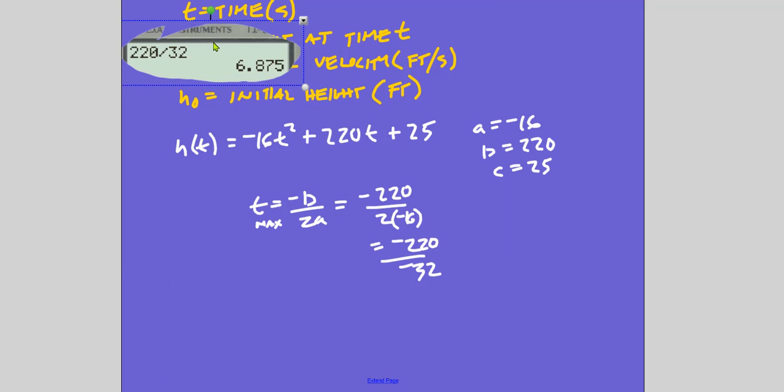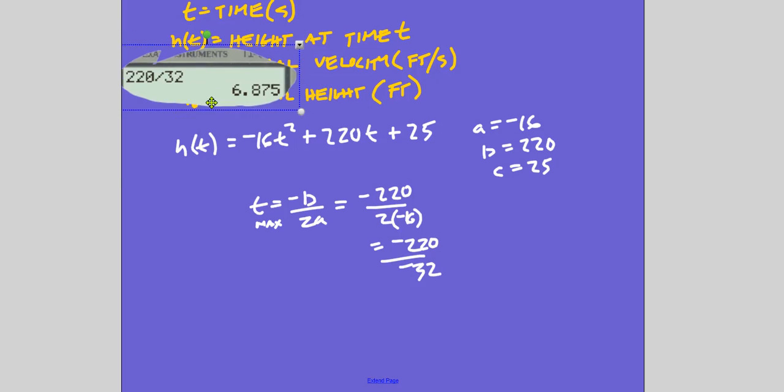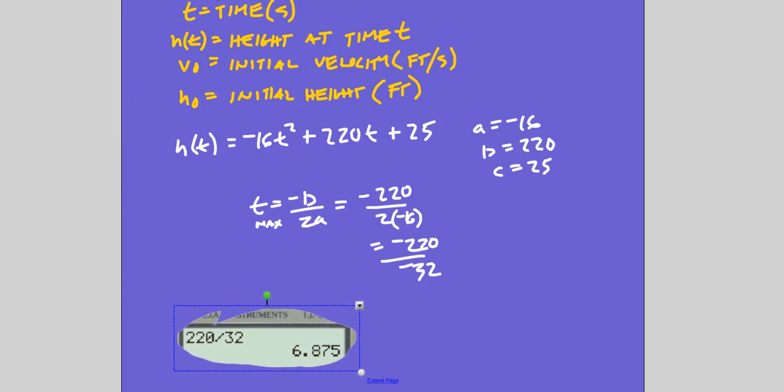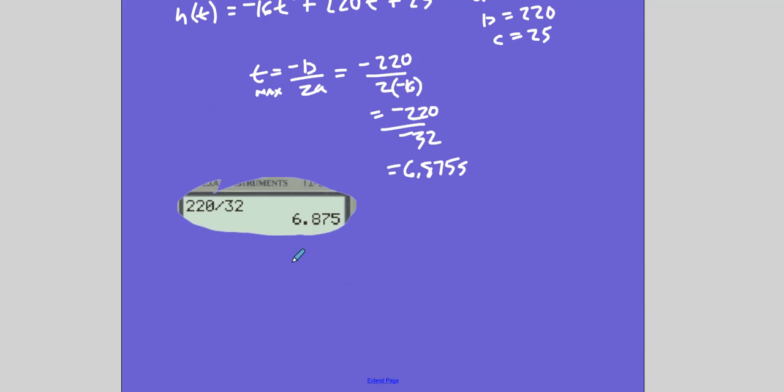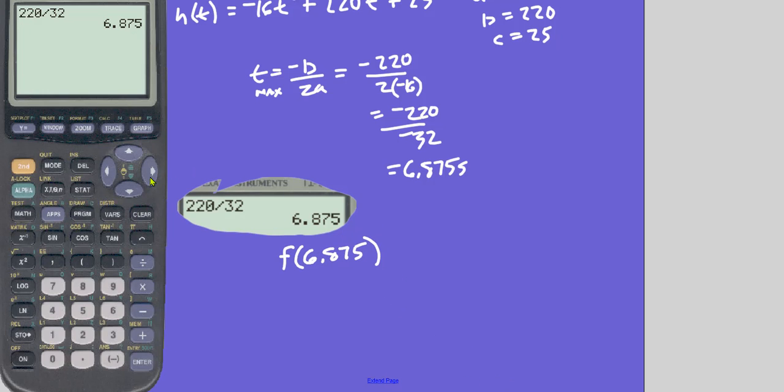So now to find the actual height, which is the y coordinate, I take the function and evaluate it at 6.875 seconds. So I'm going to do this on the graphing calculator again.